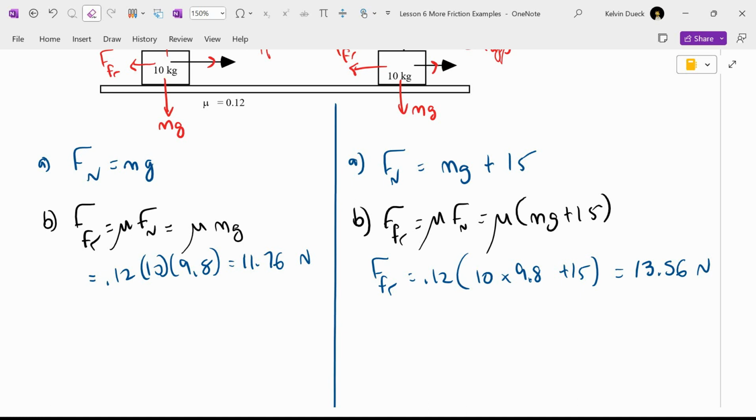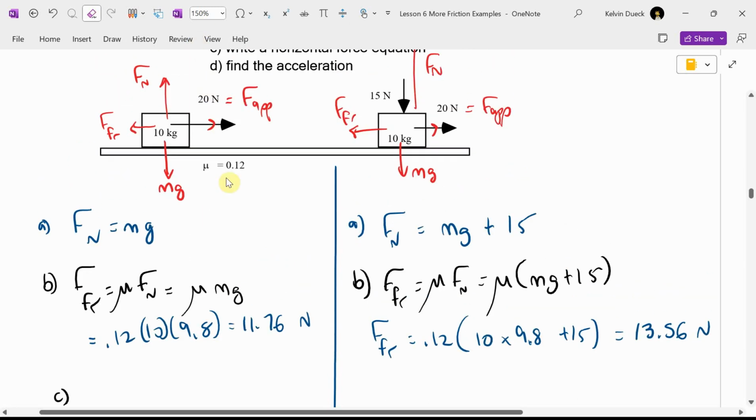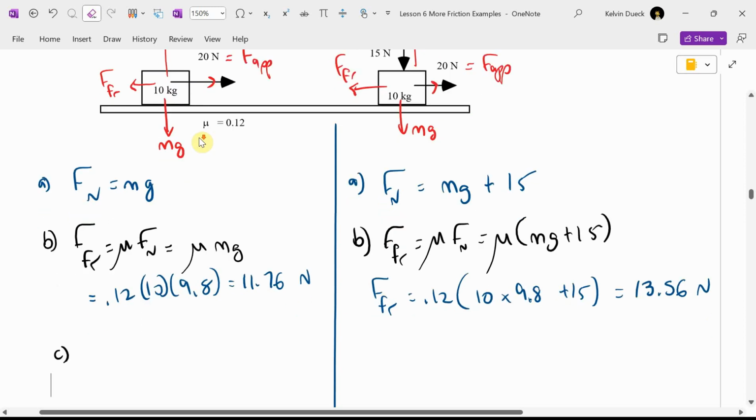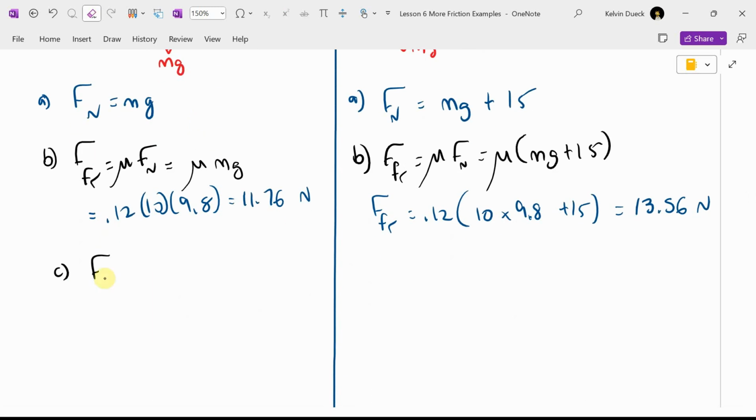Caden, what does part C say they want me to do? Okay, in this first diagram, who's probably winning? Who's probably losing? What's my equation? Winner minus loser equals MA.